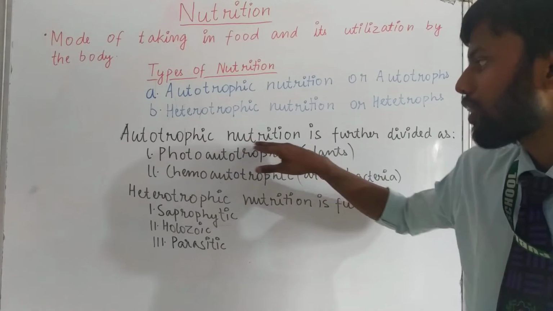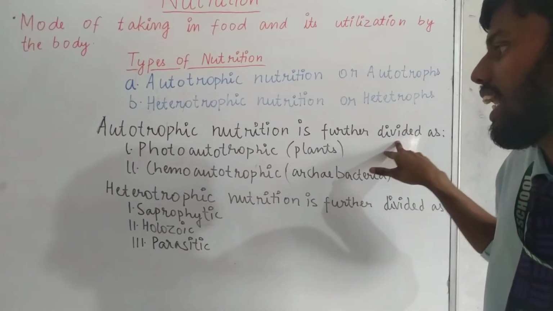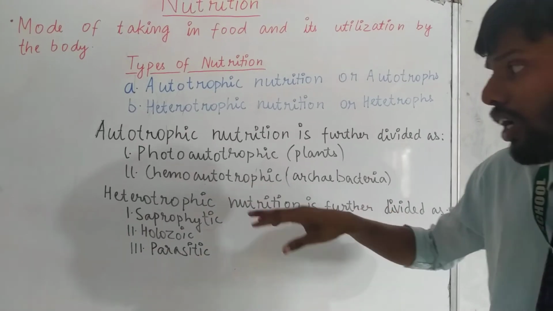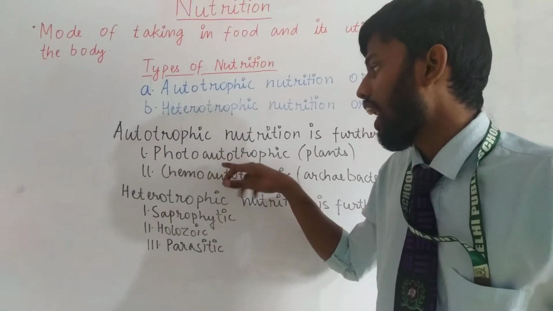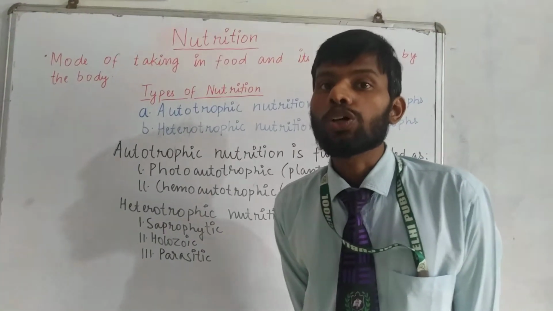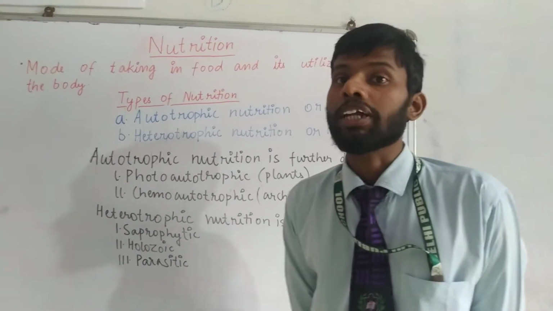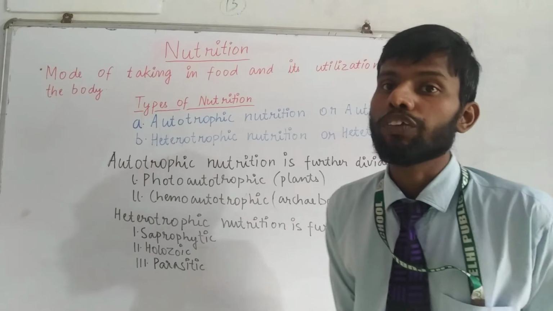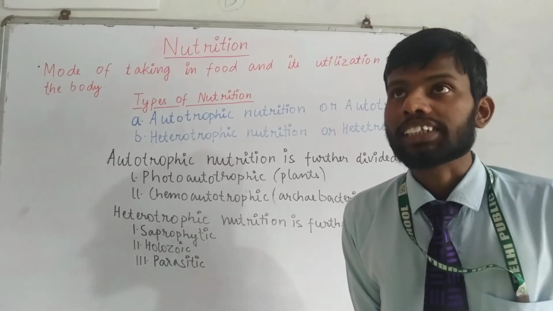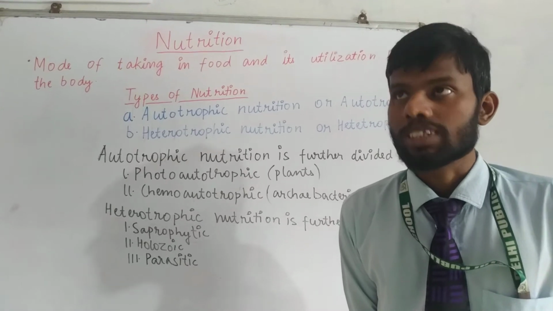Now, autotrophic nutrition is further classified as photoautotrophs and chemoautotrophs. Let me describe photoautotrophic nutrition first. It is that mode of nutrition in which an organism manufactures its food in the presence of sunlight.